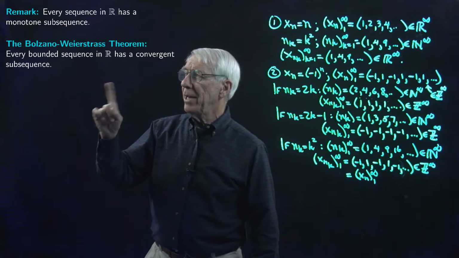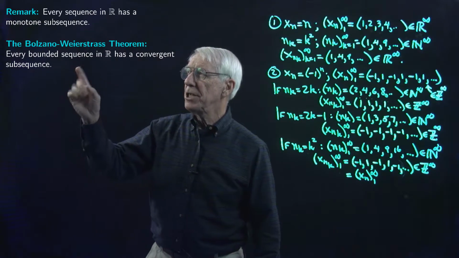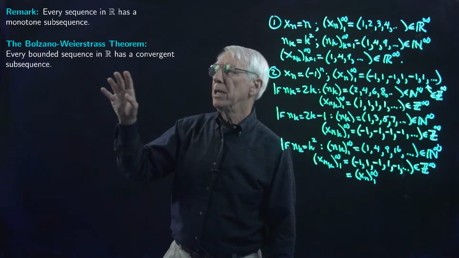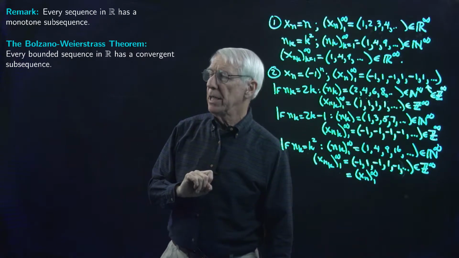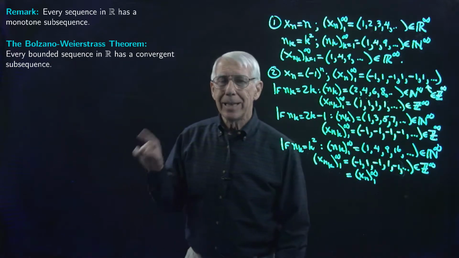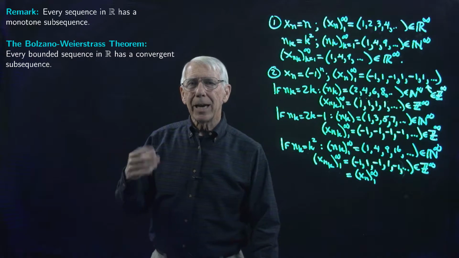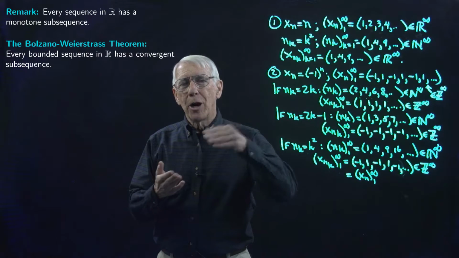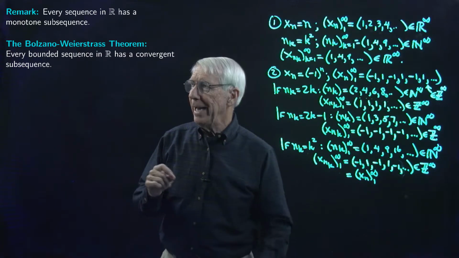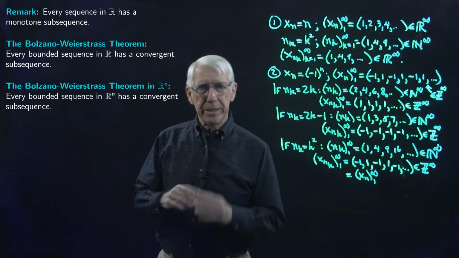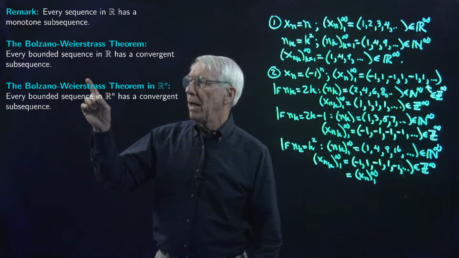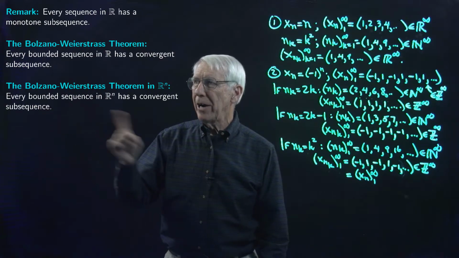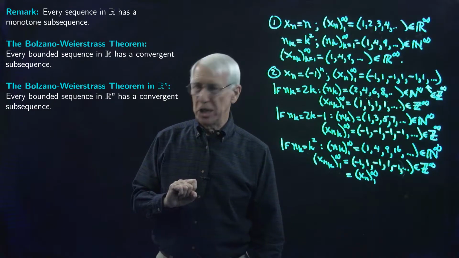So the Bolzano-Weierstrass theorem says that every bounded sequence of real numbers has a convergent subsequence. In fact, we can take that and easily, in a kind of neat little proof, take that up to R2, R3, R4. We can take that to Rn directly in a neat little proof that every bounded sequence in Rn has a convergent subsequence.